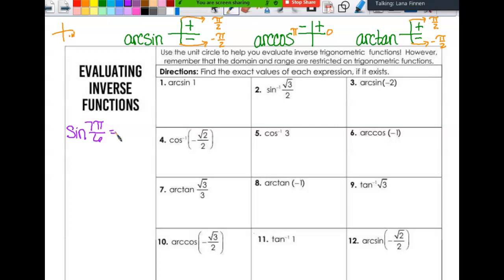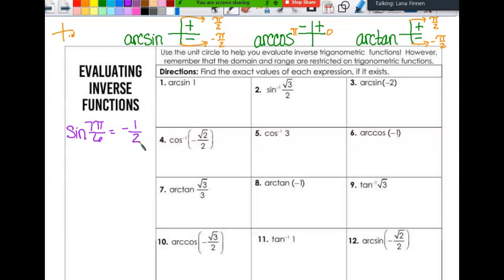So I know it's either 1/2 or negative 1/2. Then I ask myself, what quadrant is 7pi/6 in? Third. And in the third quadrant, is sine positive or negative? Negative. So this would be negative 1/2. Okay? So that's old business. Hopefully we all agree with that statement, right?